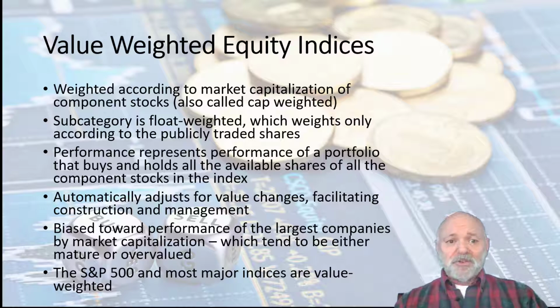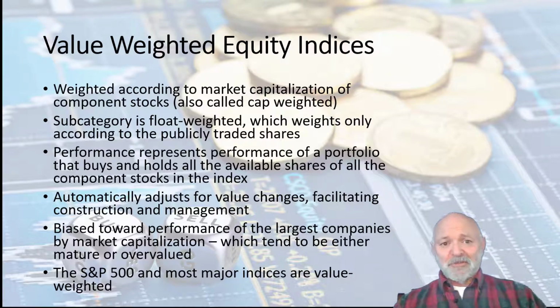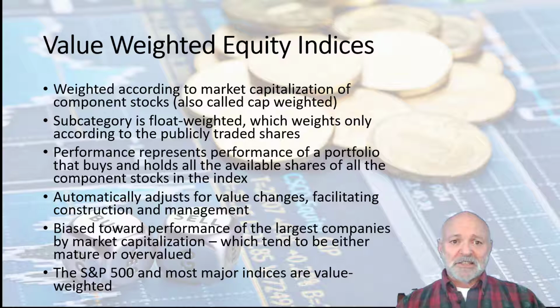Within certain subcategories or different variations of this type of index, they may also take only the stocks that are publicly traded or the stocks that are included in the float. Some stocks don't trade because they're held by management or the original founders of the company. So here we're only looking at the traded part of the business in order to create that weighting.